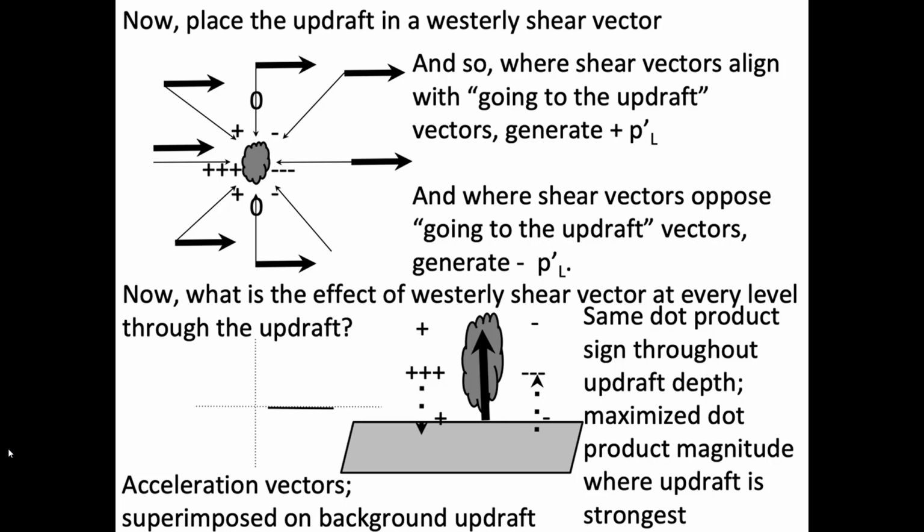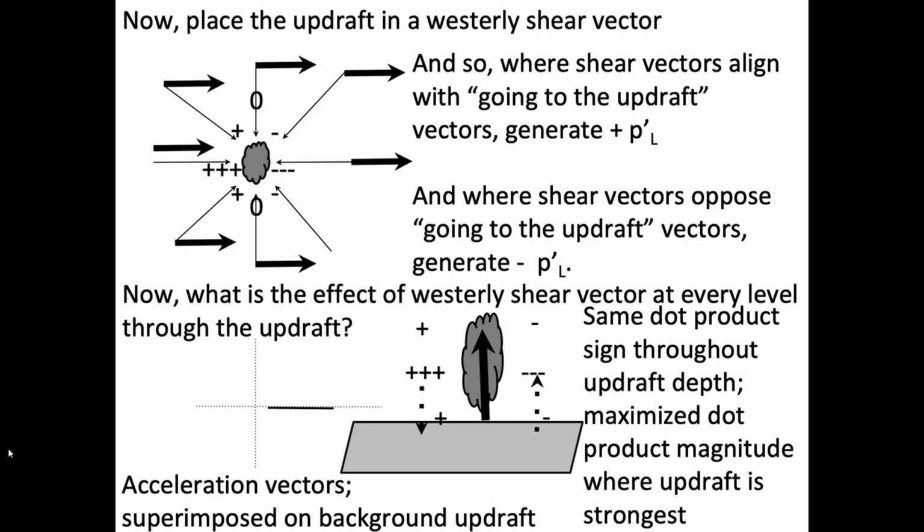So let's now revisit what we've talked about for the case of the westerly shear vector. We're going to look down now at our updraft, and we're going to plot again each of these updraft gradient vectors, which are also called going-to-the-updraft vectors, because they're all directed toward the updraft mound, as you can see here, and they all converge on the updraft.